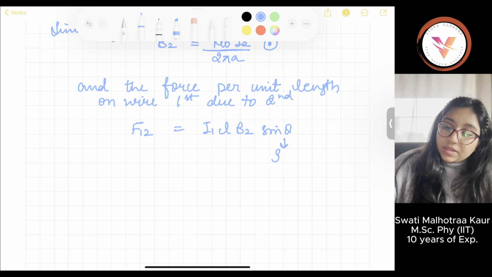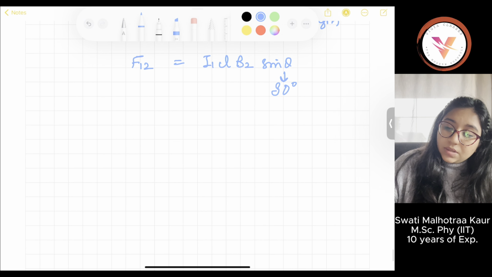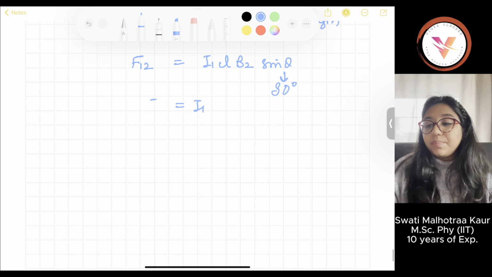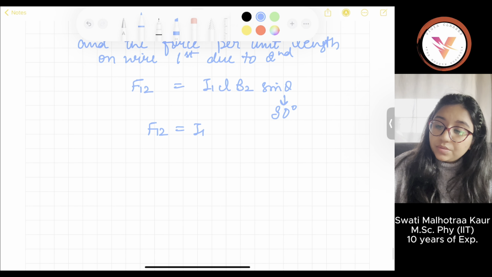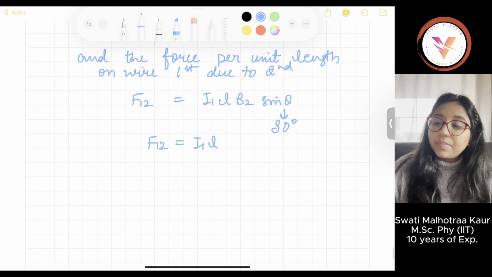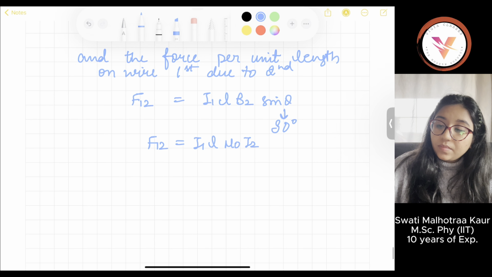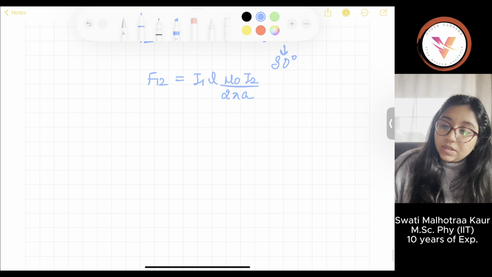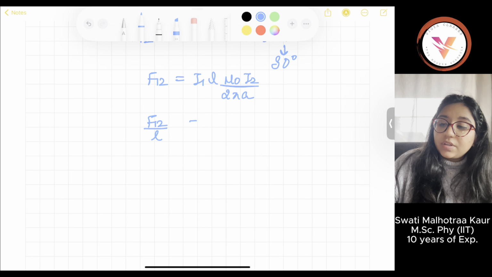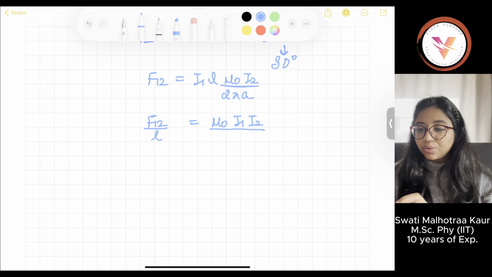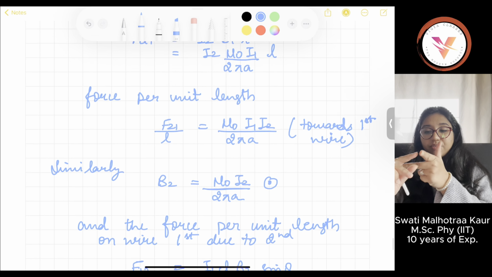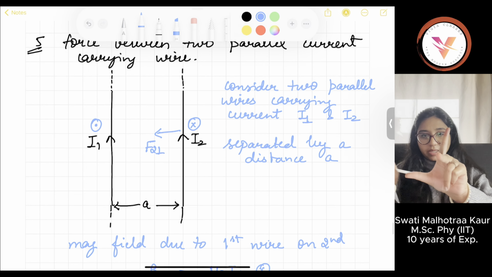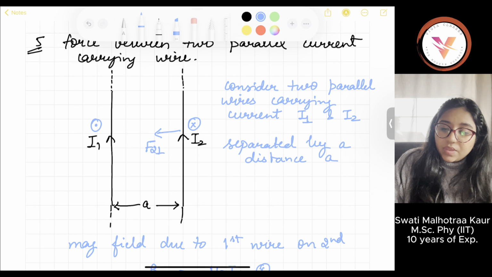So this is I1 L, and that B2 is mu naught I2 upon 2 pi A. So force per unit length would be mu naught I1 I2 over 2 pi A. And if you want to check direction, again Fleming's left hand rule: magnetic field is upward, current is like this, then the thumb will give you this direction.